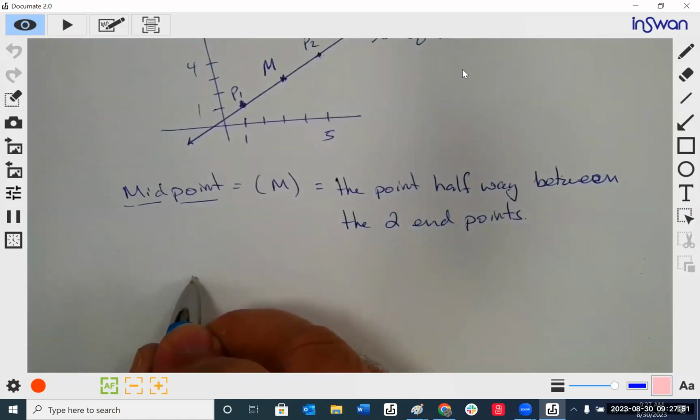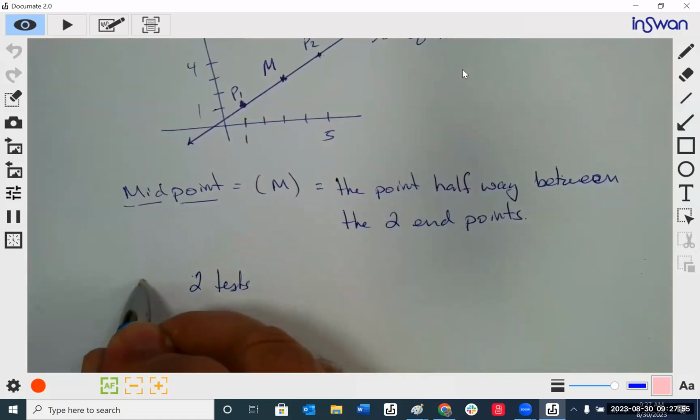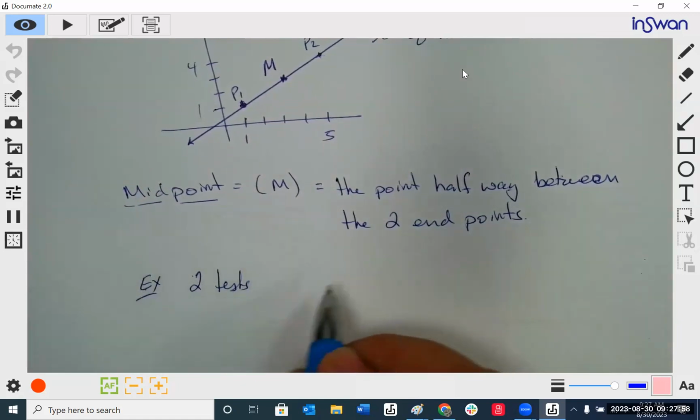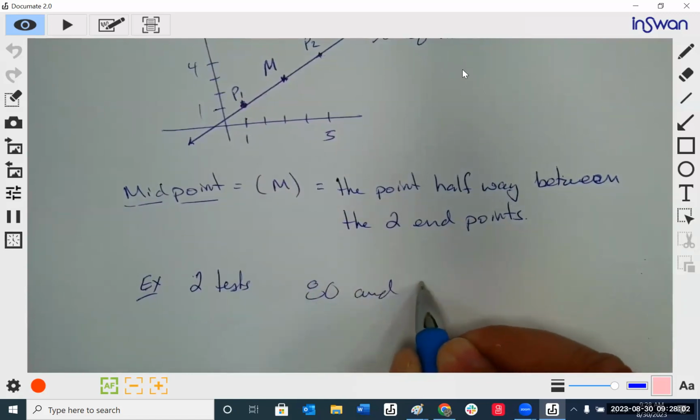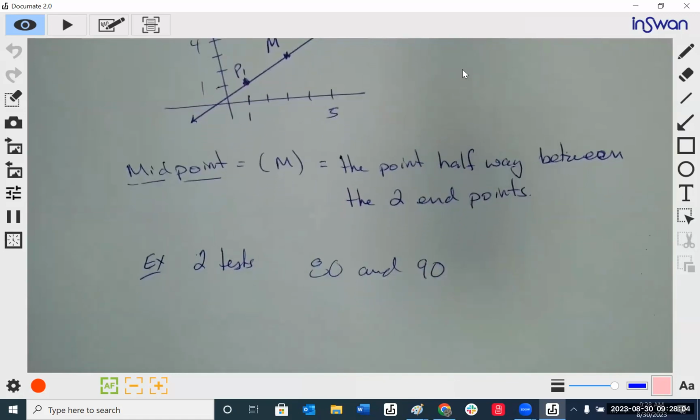Example. If you had two tests, you made an 80 on one and a 90 on the other. What is your grade for that class so far?